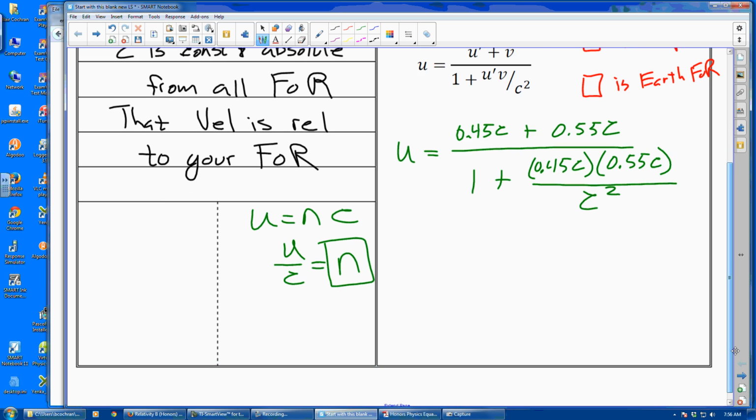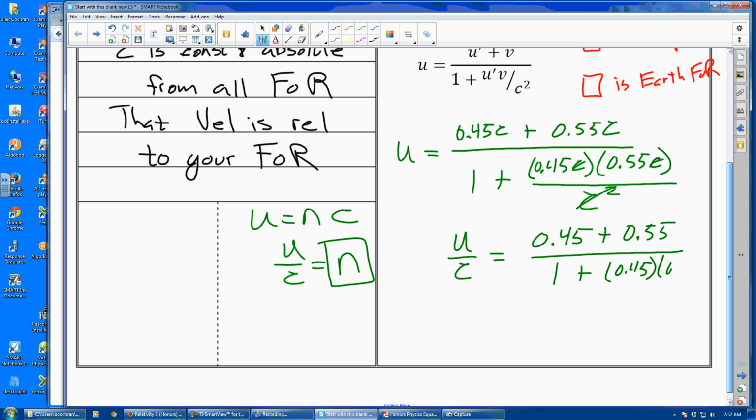So what I would do mathematically first is cancel out these c's, and then I would factor a c out of the top, so I'd end up with u over c is 0.45 plus 0.55 over 1 plus 0.45 times 0.55.